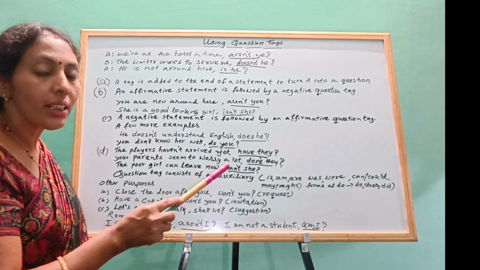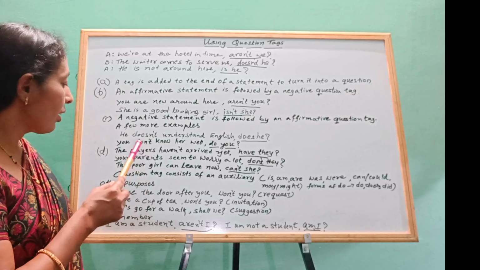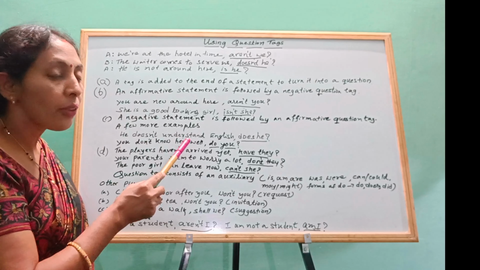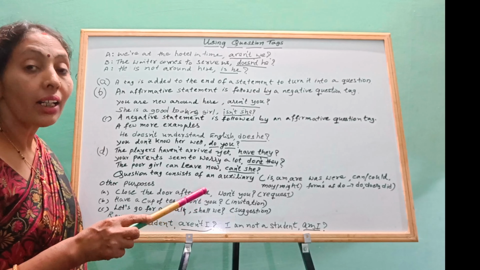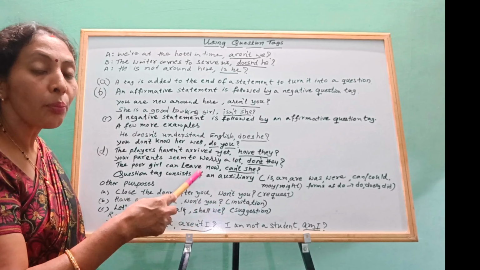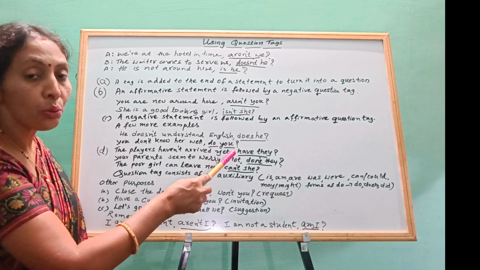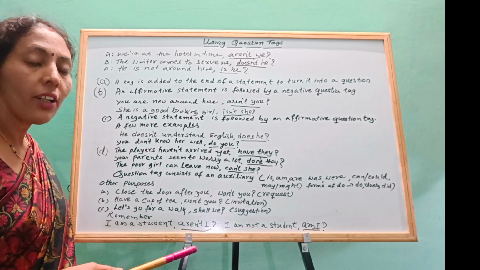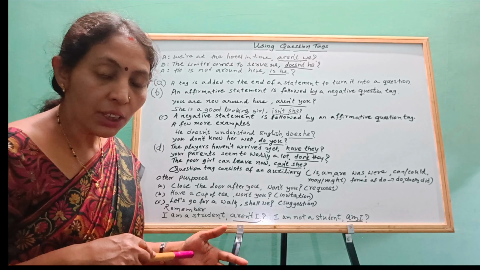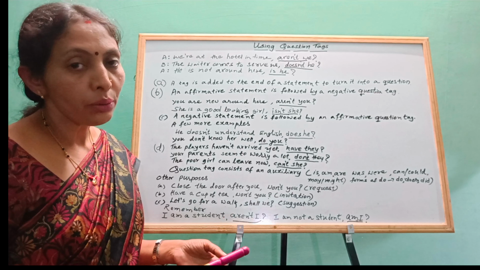Does he is an affirmative question tag. You don't know her well is a negative statement. The tag becomes affirmative. Do you? If a sentence is negative, the tag becomes affirmative.